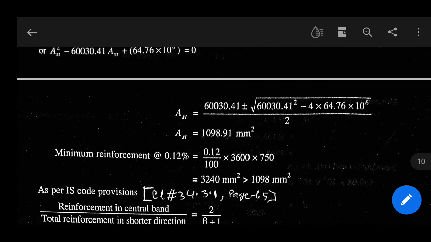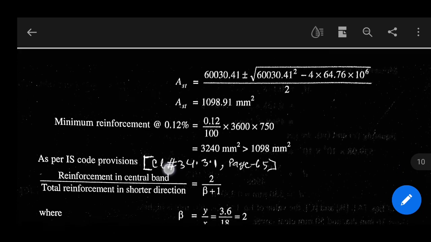Now minimum reinforcement at the rate of 0.12%, that means 0.12% of area, is equal to 0.12 by 100 into 3600 into 750, which is equal to 3240 mm square, which is greater than 1098 mm square.